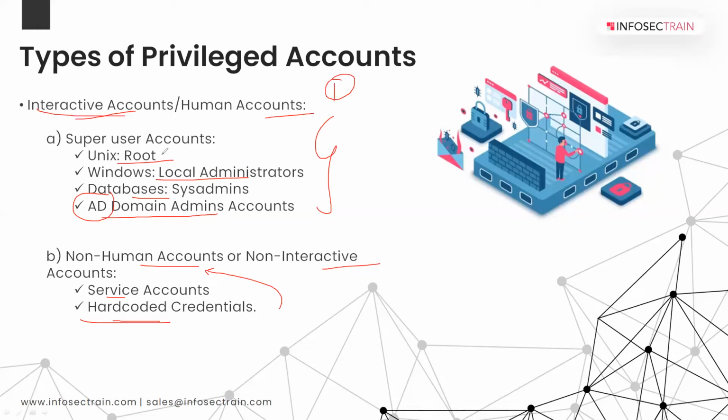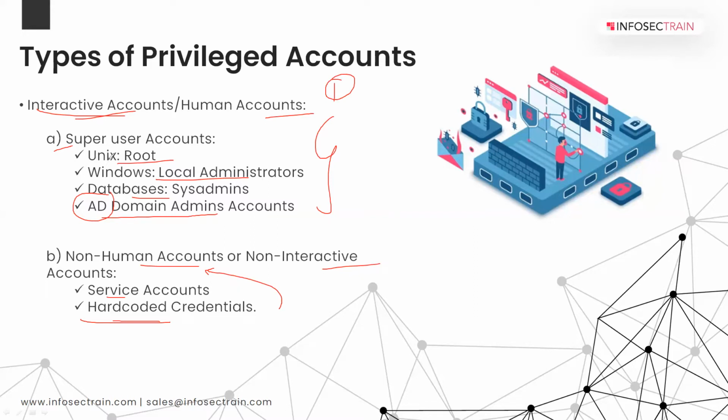Why? Because these types of accounts are usually the highly critical accounts, very high privileged super user accounts. And the problem with these accounts is that they are being used by individuals to log into the systems manually.